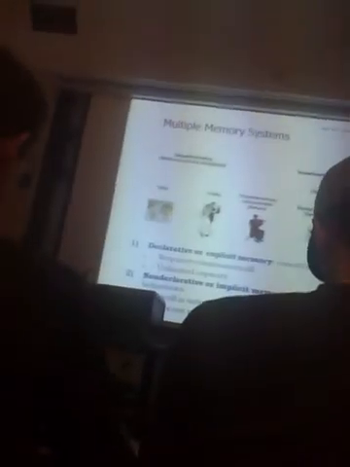So there are multiple memory systems. And different brain structures mediate different types of information processing that lead up to information storage. So you have structures like the cerebellum and the striatum mediating the learning of motor skills.